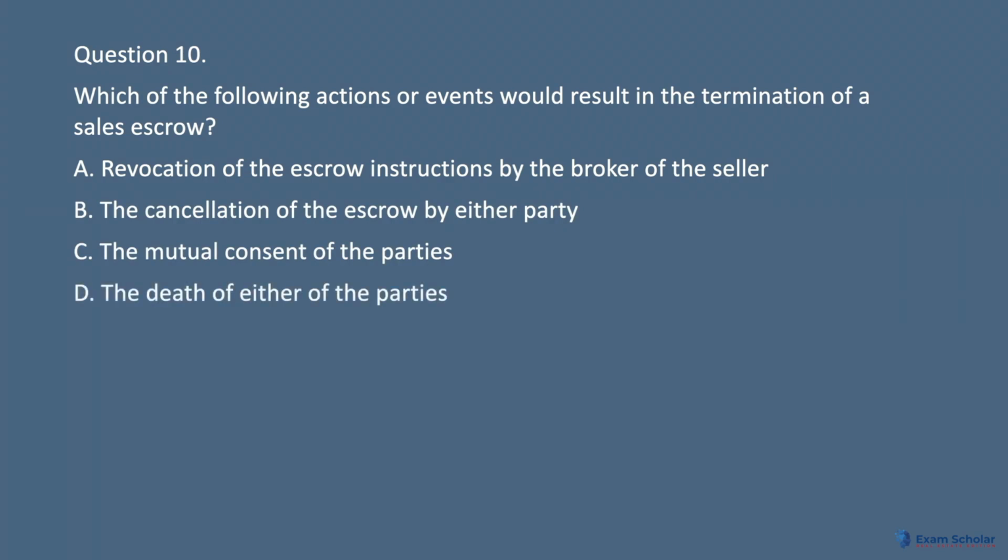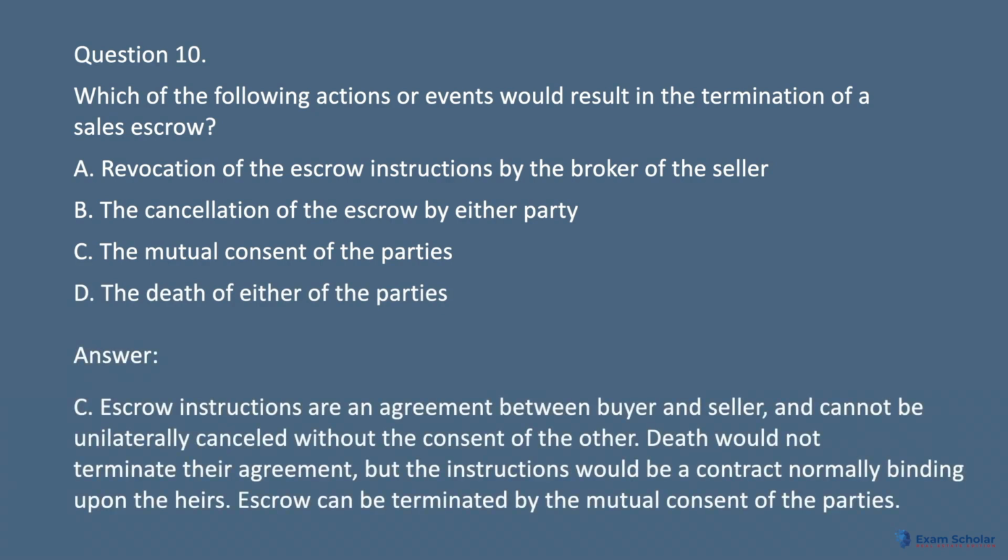D. The death of either of the parties. Answer: C. Escrow instructions are an agreement between buyer and seller, and cannot be unilaterally cancelled without the consent of the other. Death would not terminate their agreement, but the instructions would be a contract normally binding upon the heirs. Escrow can be terminated by the mutual consent of the parties.